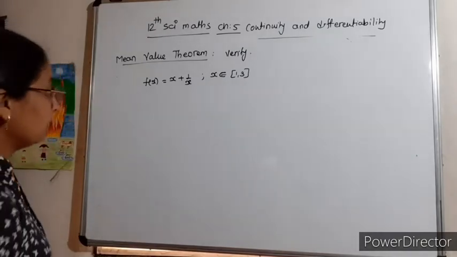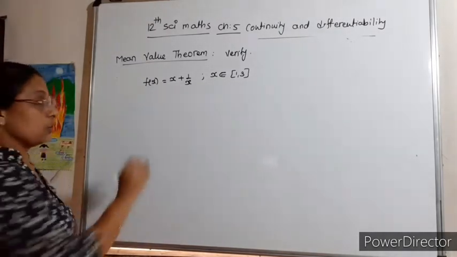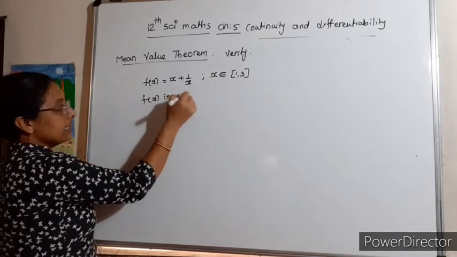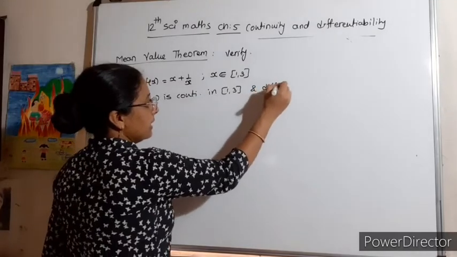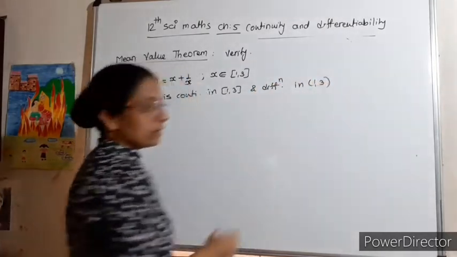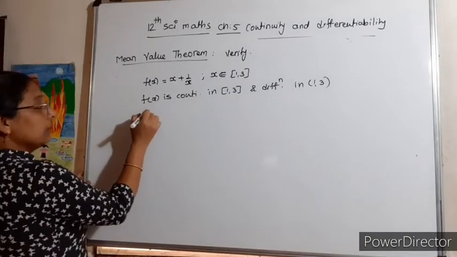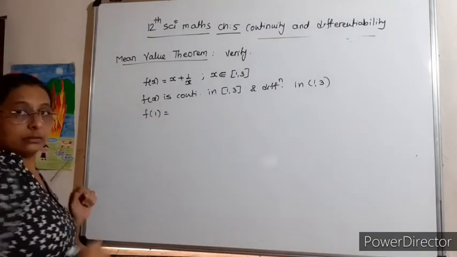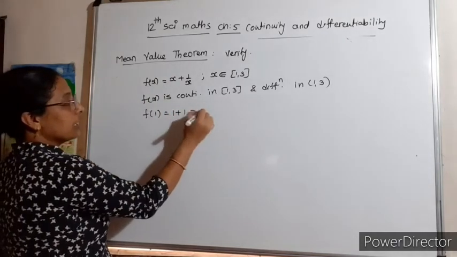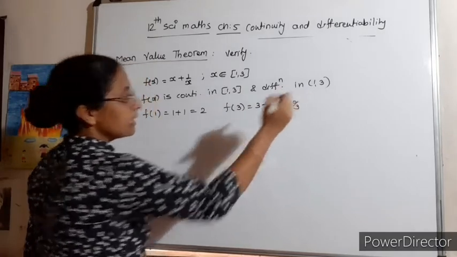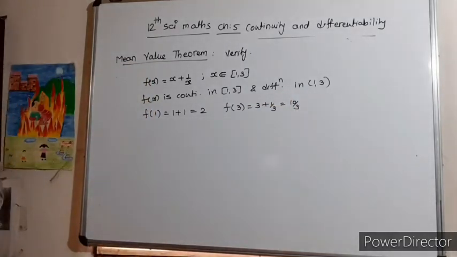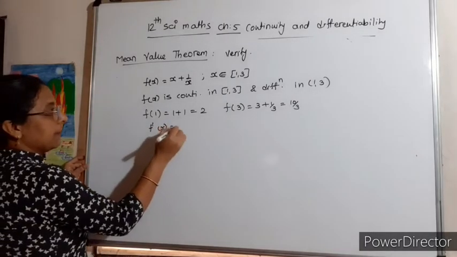Okay, so this is again a polynomial function, so we can say that f(x) is continuous in closed interval [1, 3] and differentiable in open interval (1, 3), right? Okay, then here f of 1 is 1 plus 1, which is 2, f of 3 is 3 plus 1 by 3, which is 10 by 3, right? So we get these two values, f of 1 and f of 3. You understand that?